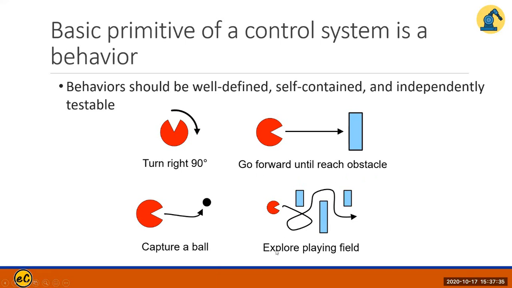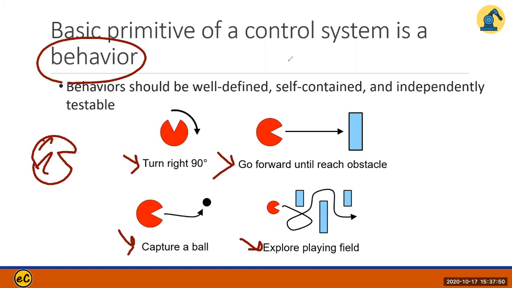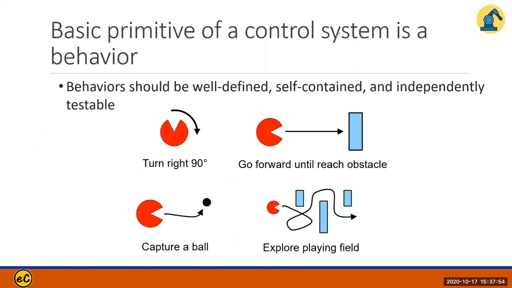We have an action called explore playing field. These are actually the actions for this Pac-Man. So let's assume that Pac-Man is actually a robot. These are the different action names or behavior names. Basically these are routines, functions, and methods that you need to design in your control system.